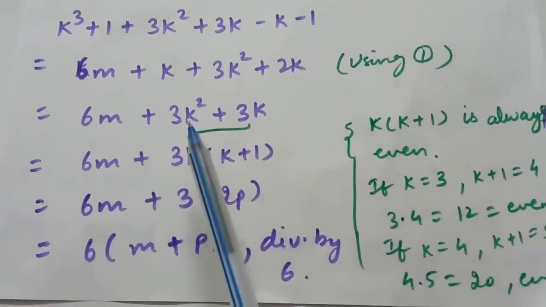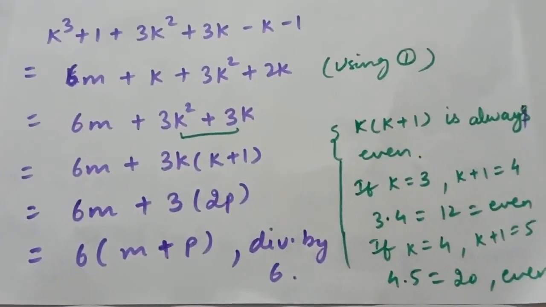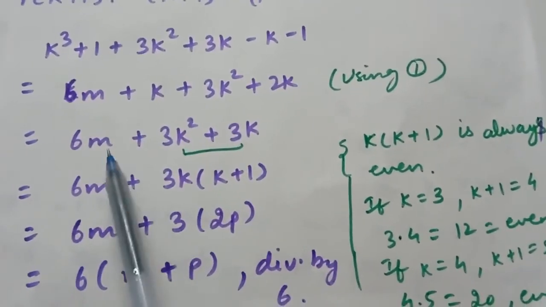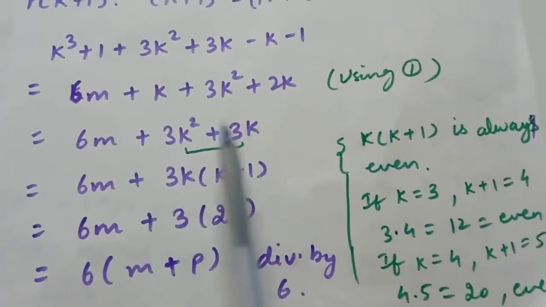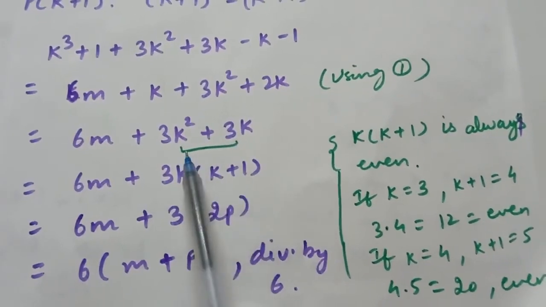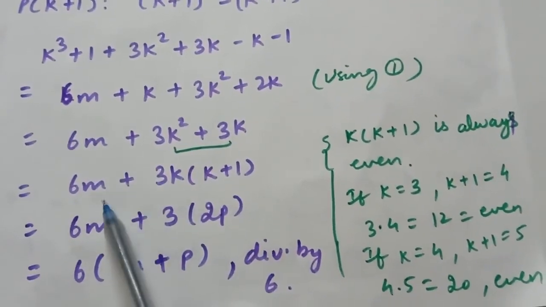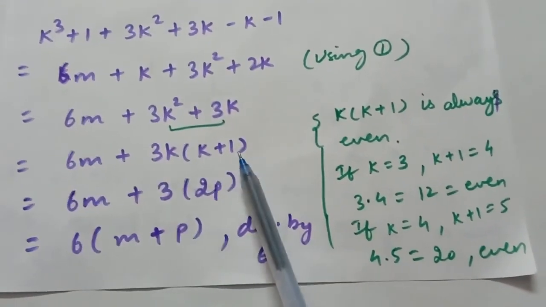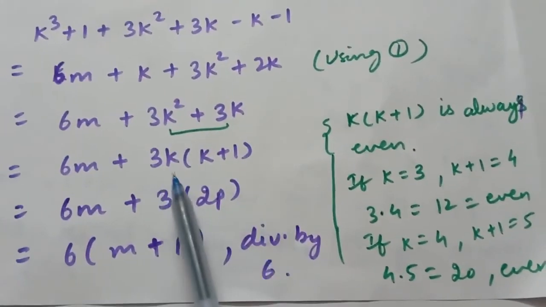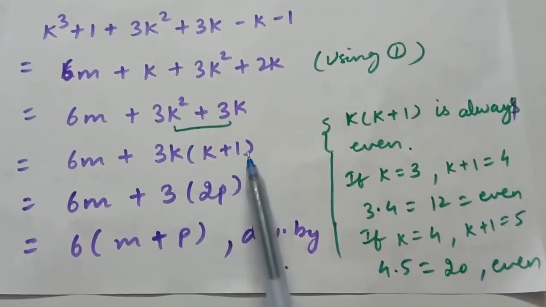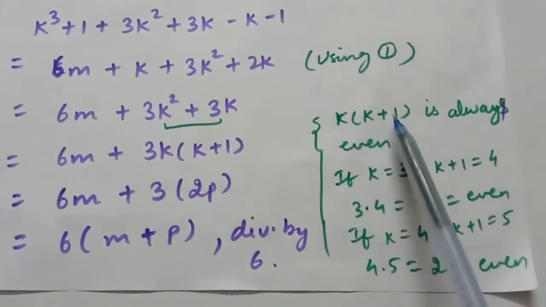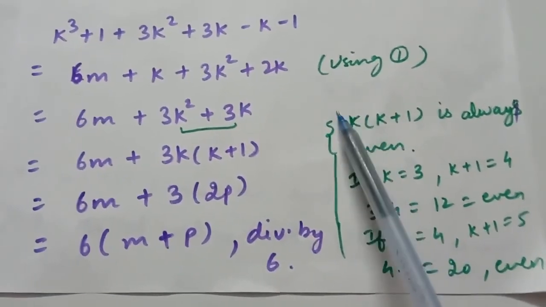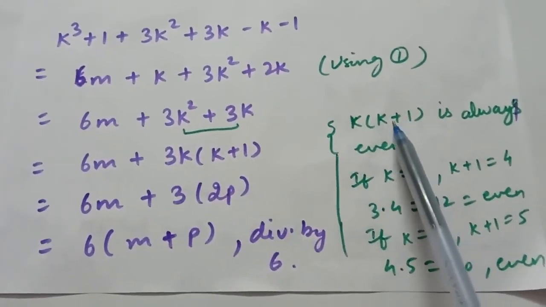Now see, we want to show that it is divisible by 6. So we can take out 6 common from this, but we cannot take out from these two terms, right? So 6m as it is, plus taking 3k common into k plus 1. Now you have to understand this, that k into k plus 1 is always even, because whenever k is odd, then k plus 1 will be even.